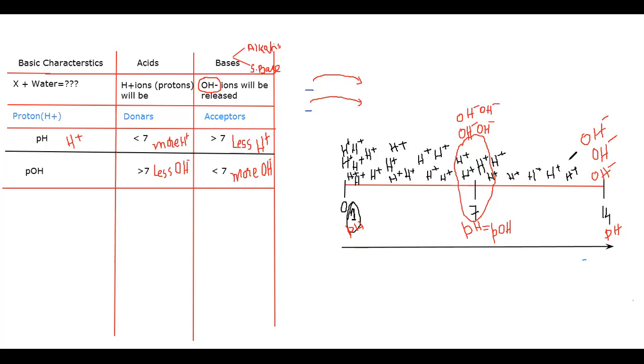Got it? So when we are moving from right side to left side, I'm making another arrow on this side, like this is the arrow of pOH.